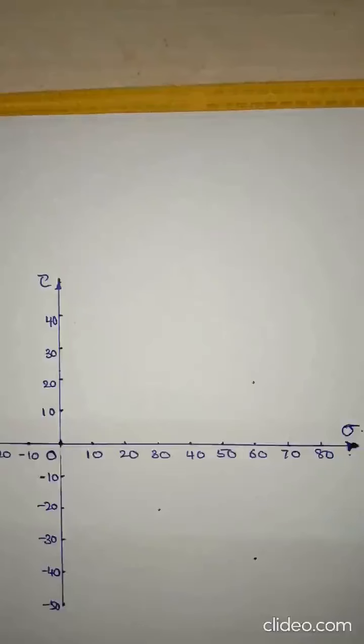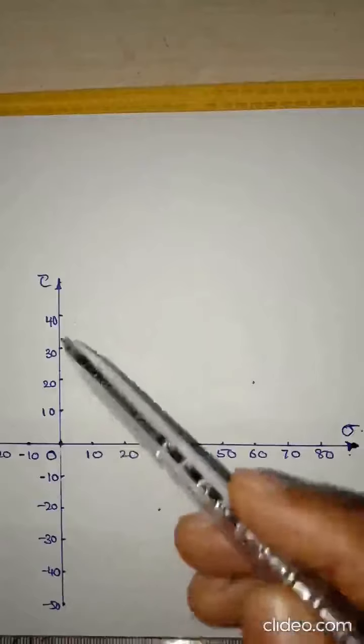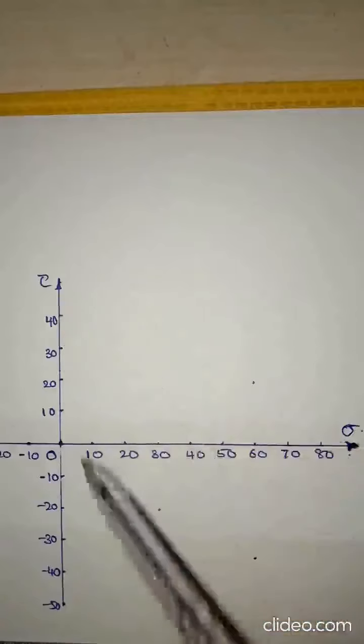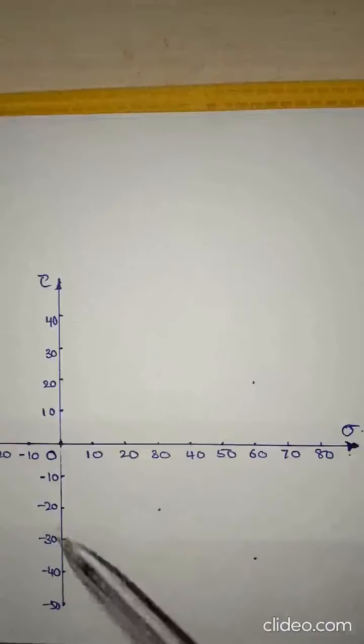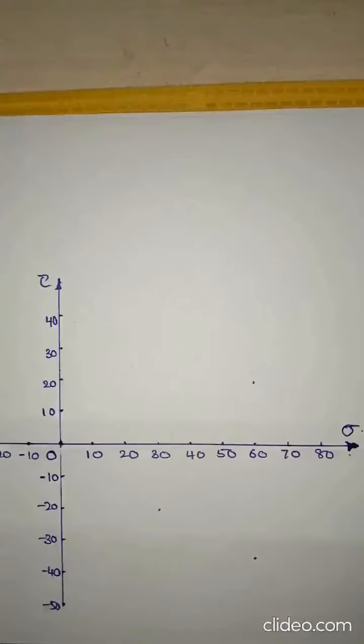Now after converting the given values of sigma x, sigma y and tau xy as per the scale we have chosen, here in the graph sheet along the x-axis I am plotting sigma, and along the y-axis we are plotting tau, that is shear stress.